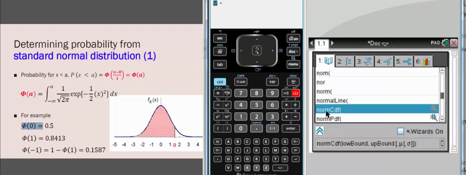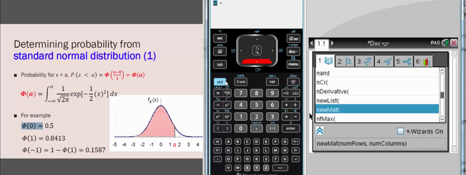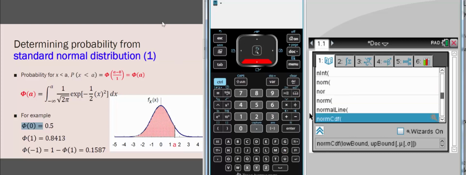And under N, you can press the N letter first, and then you can use the control 3 function to quickly scroll down to the normal CDF command. What does it do? It would give you a probability. If you do not specify these two optional quantities, mu and sigma, then it assumes that you are looking for the standard normal probabilities.